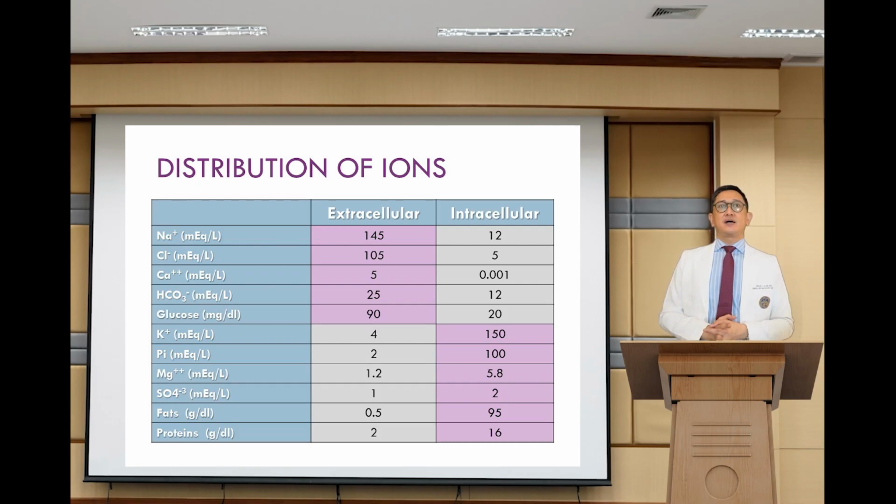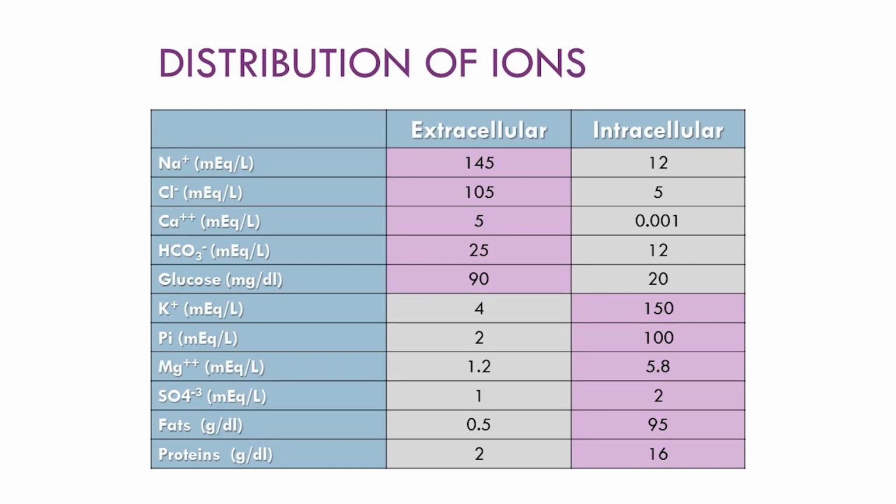Important also for you to understand or remember are the components of the different solutes in the extracellular and intracellular component. For example, in extracellular, sodium is the most abundant cation, positively charged, so it's 145, less amount in the intracellular. If we go to potassium, it has more concentration on the intracellular, meaning more potassium are inside the cell, which is 150.